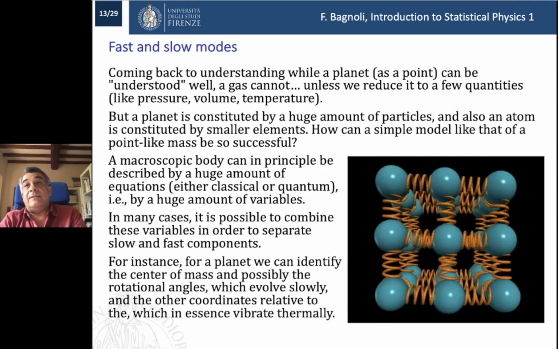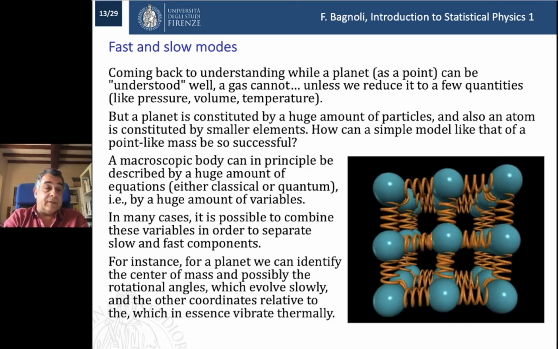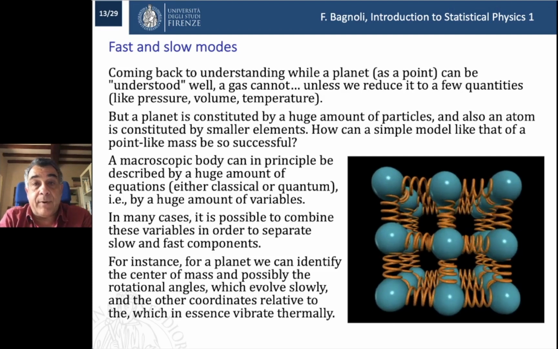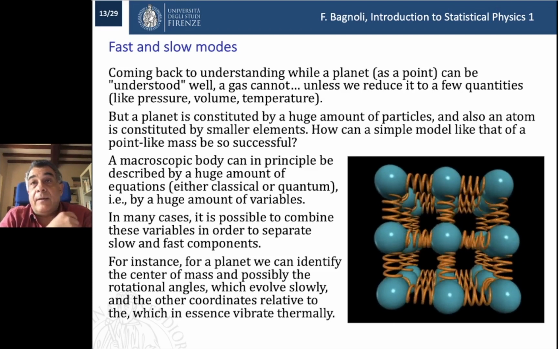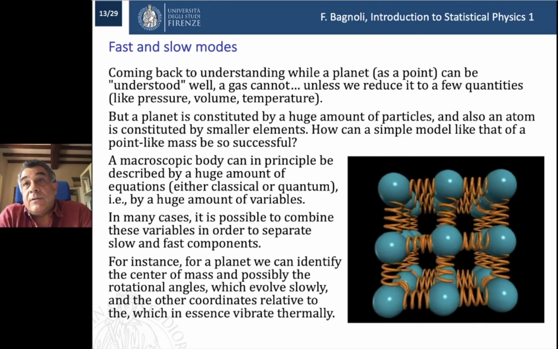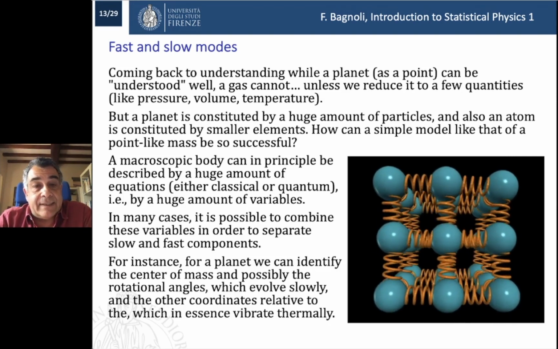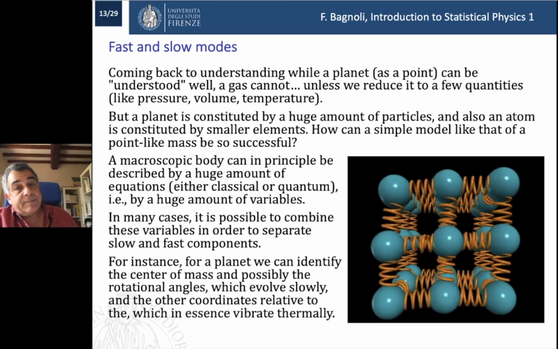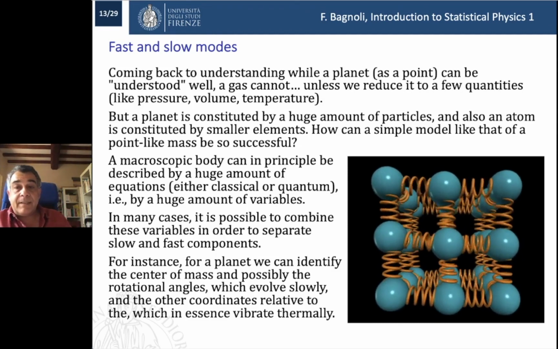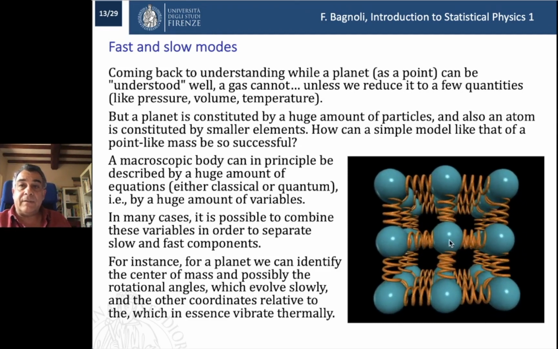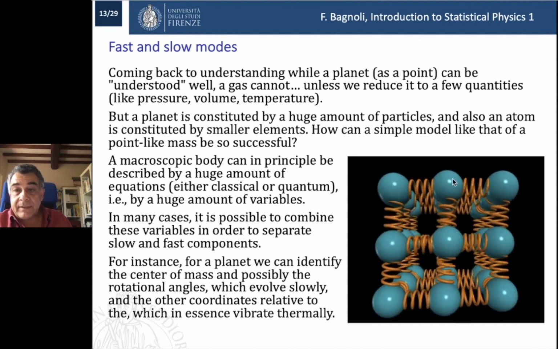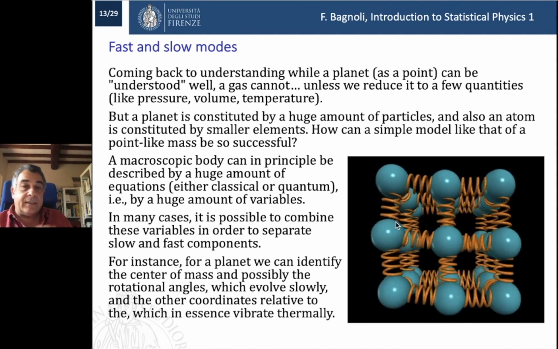A planet is often successfully modeled considering it as a point-like body, but actually it is composed by a huge amount of molecules. The fact is that in many cases it's possible to separate the degrees of freedom, for instance the coordinates of all these particles, into classes.